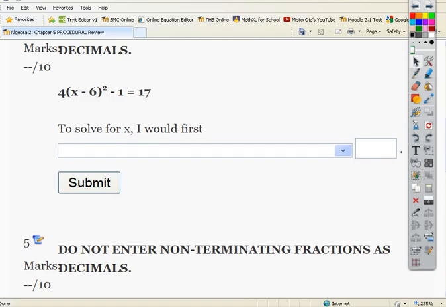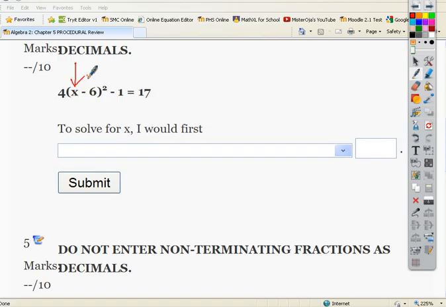Do we want to FOIL that thing out and all that stuff? No. What do we want to do for sure? Can I point to a single x here? No. Yeah, I can, right there. So what do we do? Isolate. What would all the steps be? First I'm going to add 1. Then I'm going to divide by 4.